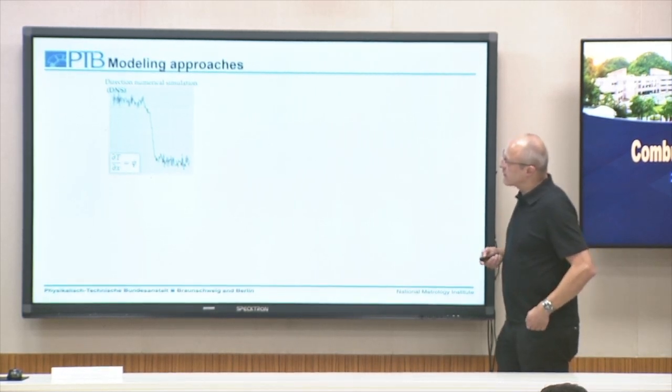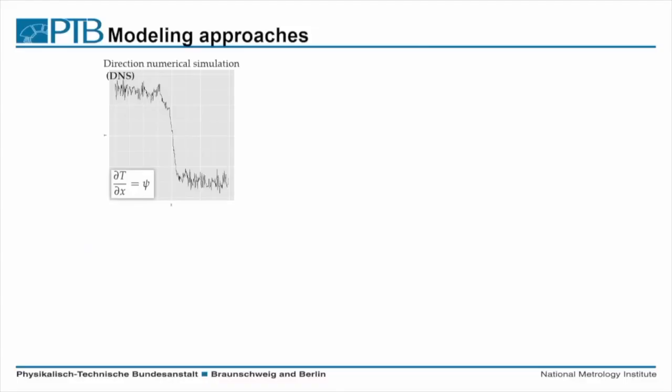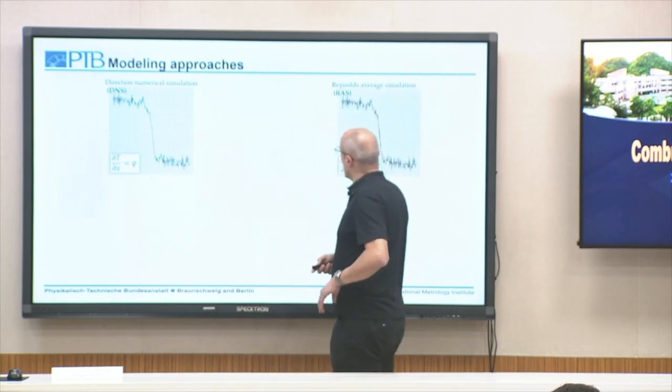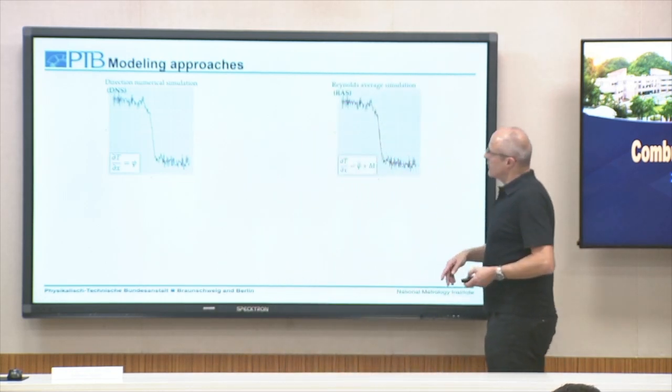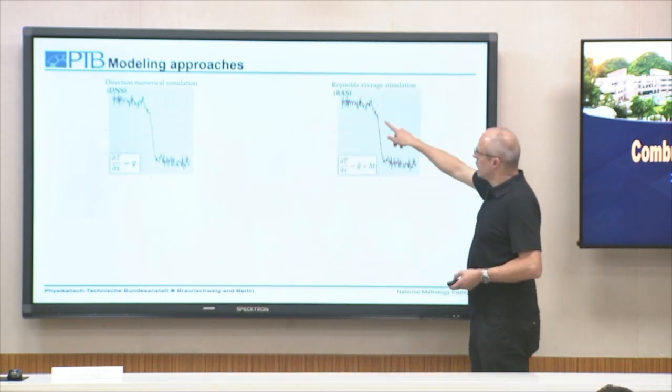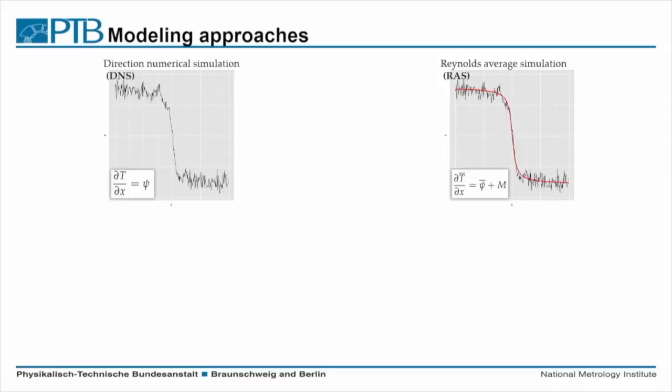So when we look here at the direct numerical simulation, so again, the temperature change is a function of the coordinate. Reynolds average simulation would give us this flat profile. So we have an average value of temperature.